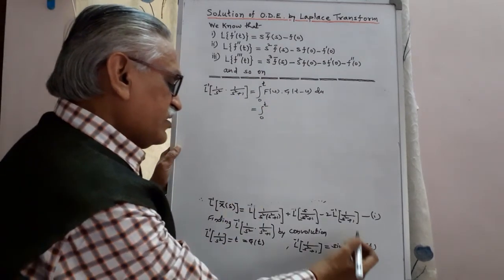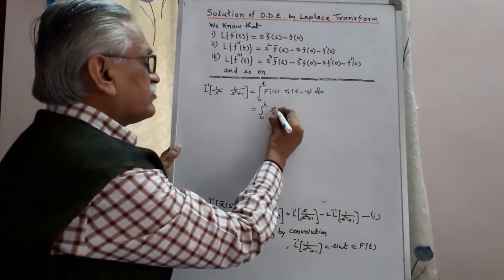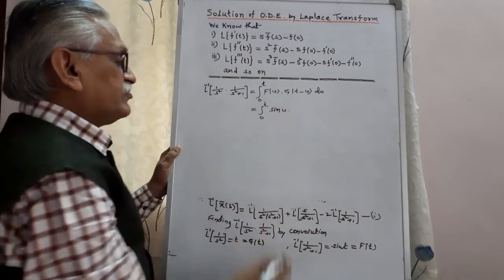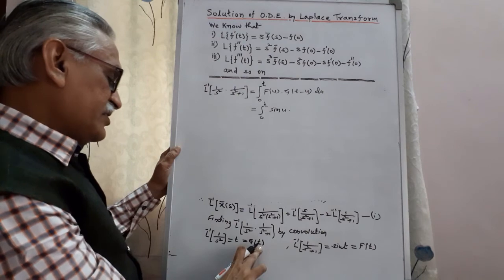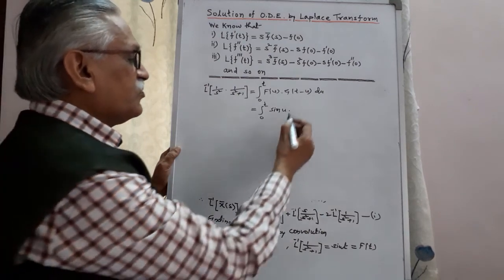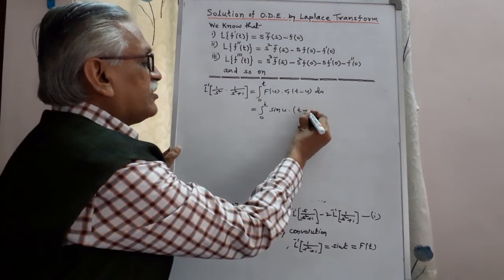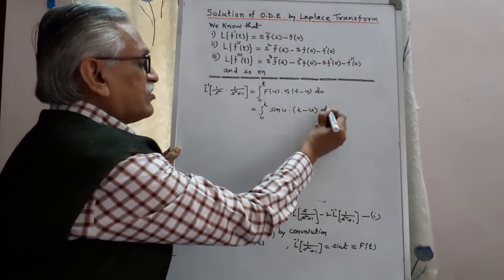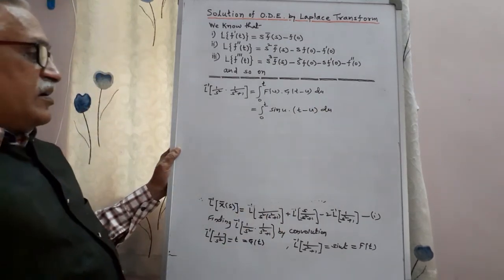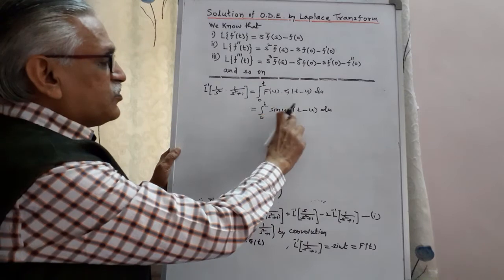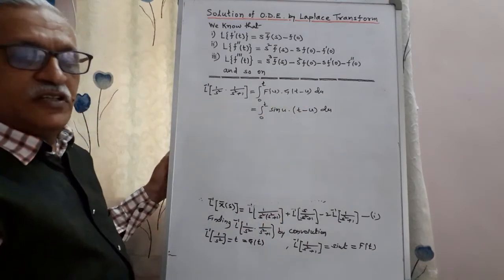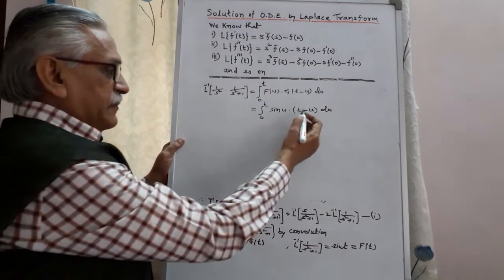Replacing t by u here, it becomes sin u, and in g of t replacing t by t minus u, we get t minus u du. Here it is a product of two terms of u, integrating by generalized parts.